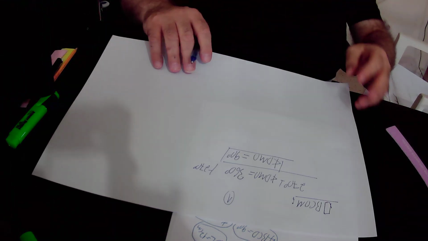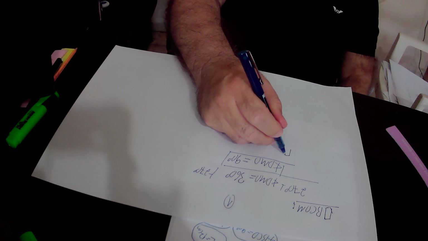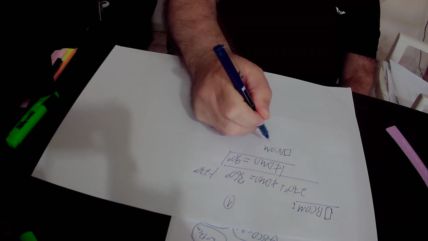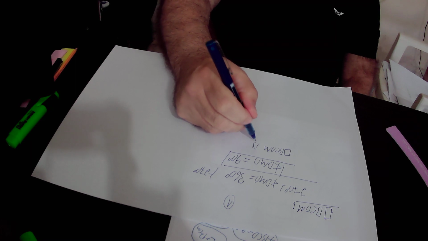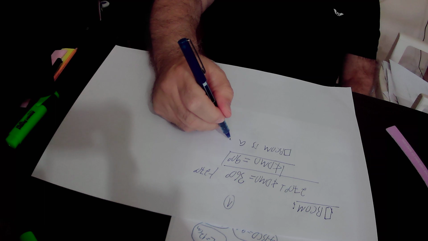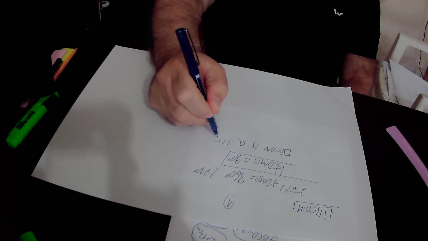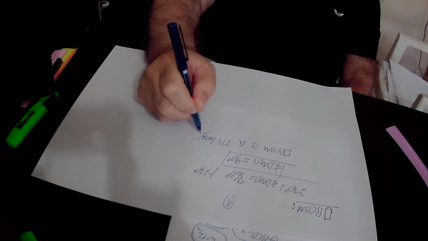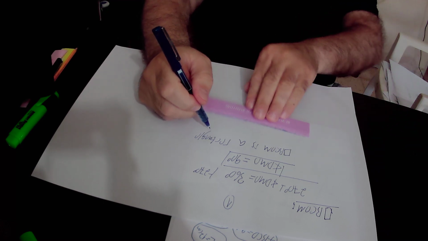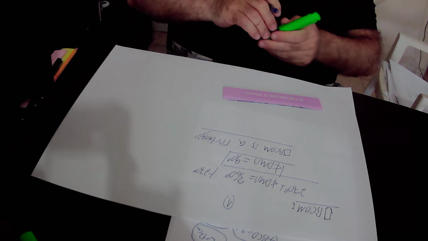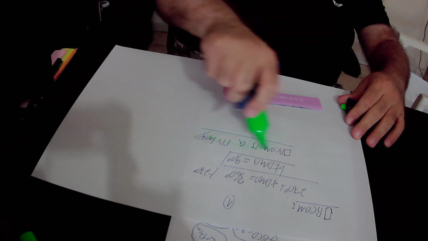So we will relate to quadrilateral BCOM as a rectangle. Why? Because it has 4 right angles. Quadrilateral BCOM is a rectangle. But we also know that the opposite sides of a rectangle are equal to each other.